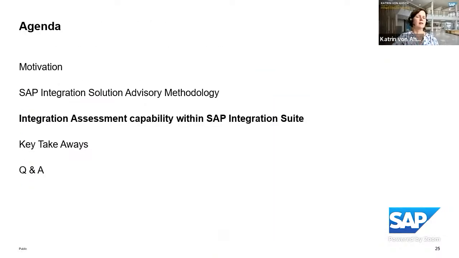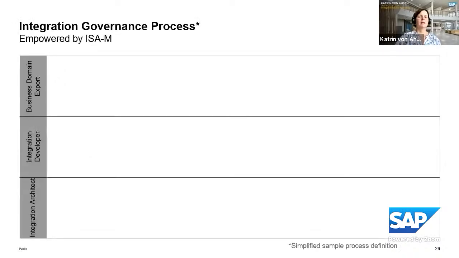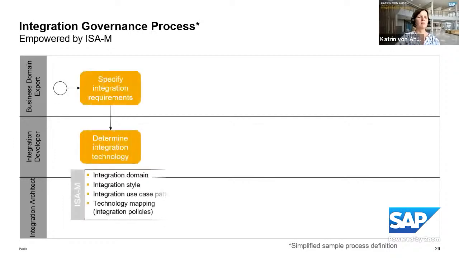And that's actually the segue to the next agenda item, to look at integration assessment in more detail. So here, the objective is actually to automate the integration governance process within your organization. And this is illustrated here, how such a process is being performed.